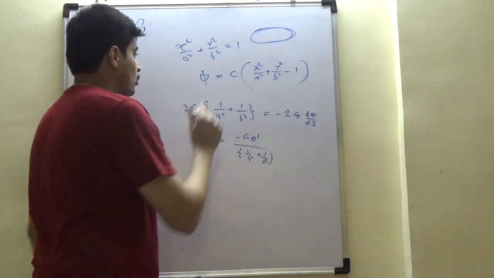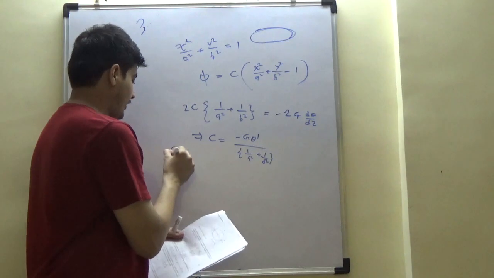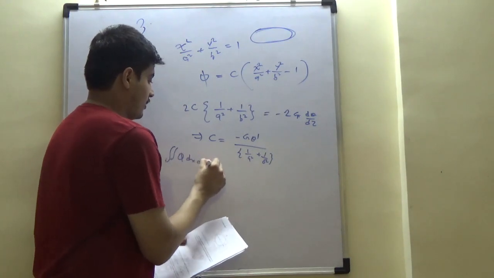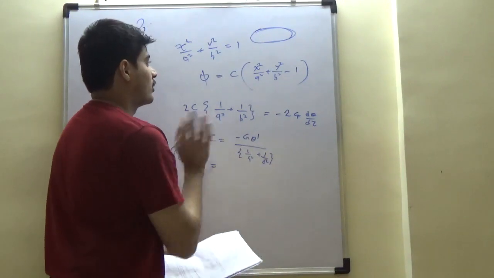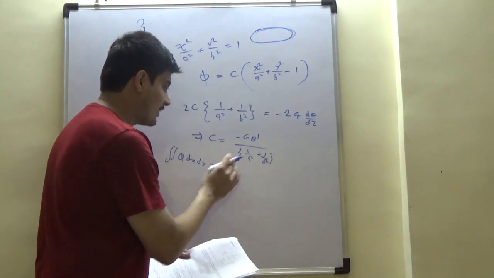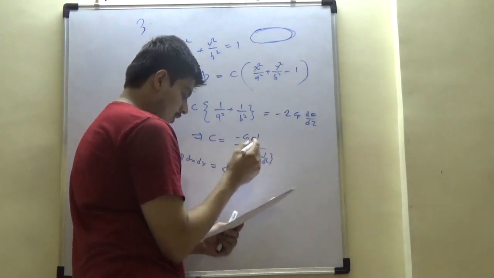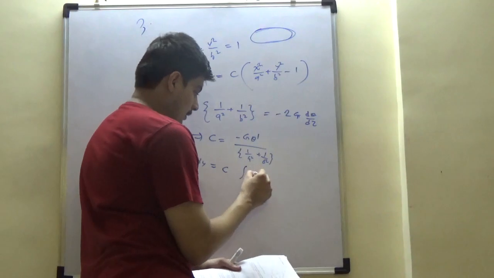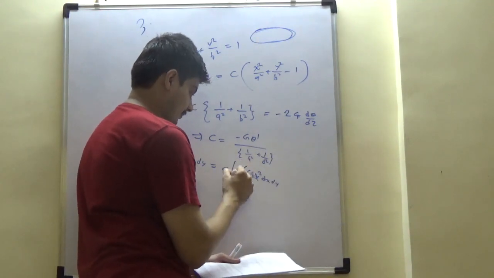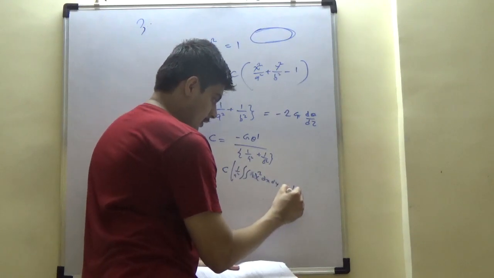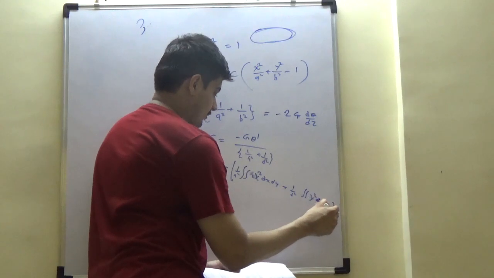Now, once I know this constant, I have to integrate these two. So integral of phi dx dy would simply be this g theta dash upon this entire thing is going to come out, right? So I am still calling it c because we have already found out c, into double integral of 1 upon a square x square dx dy plus 1 upon b square y square dx dy, right?